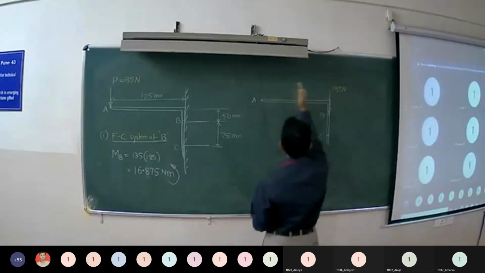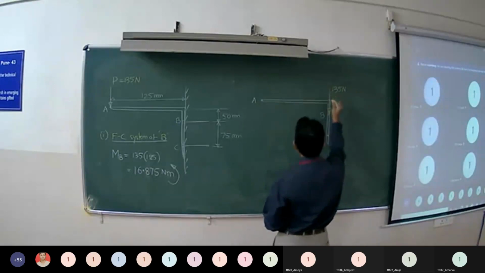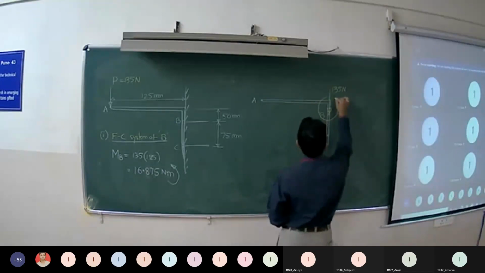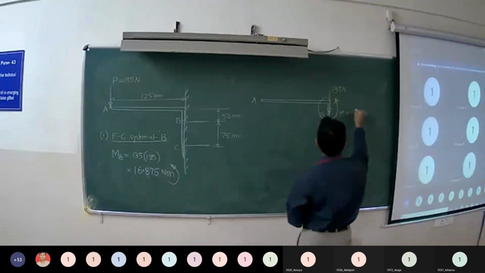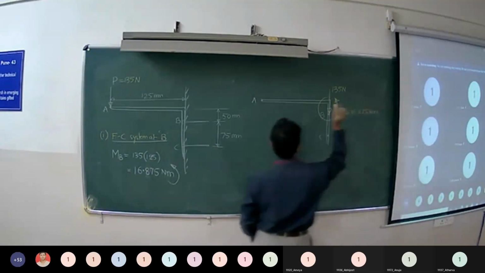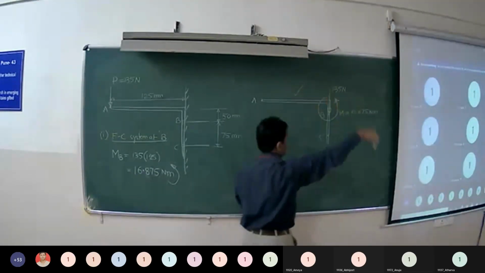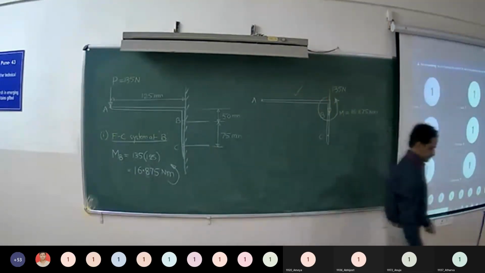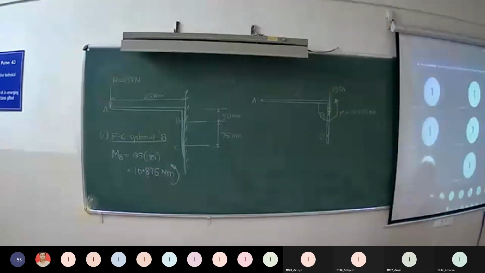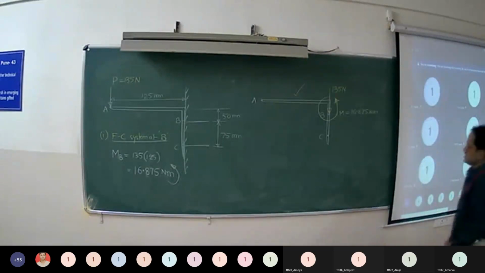When it is transferred parallelly, that force is accompanied by a couple. This couple is anti-clockwise sense of magnitude 16.875 Newton meter. So this is our answer for the first part, replacing P with an equivalent force couple system at B.